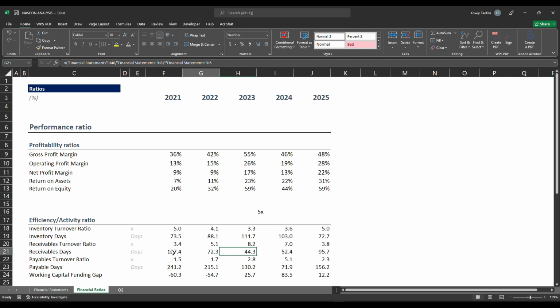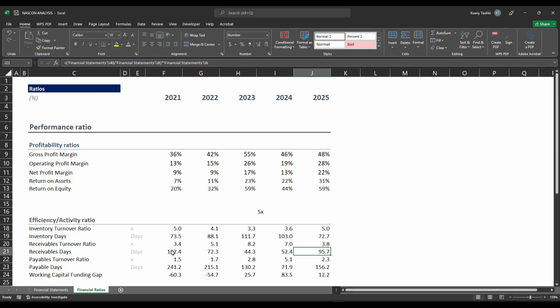We can see that this is good, from 72 days down to 44 days. But there's a rise here also, from 44 days back up to 52 days, which is a bad thing. Back up to 95 days, still on the rise.